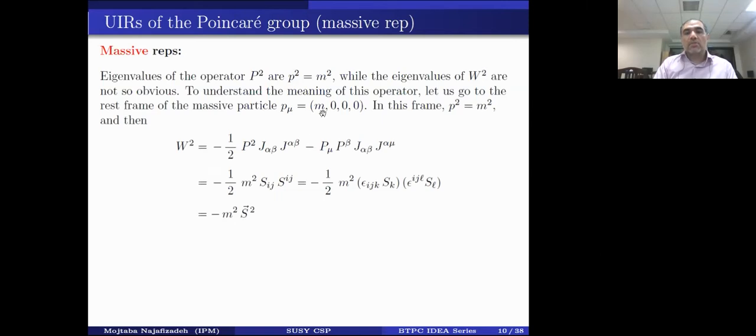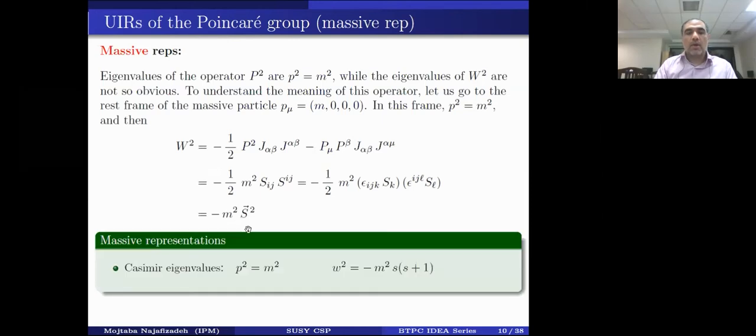As I said, because we are in the rest frame of the particle, we cannot see orbital angular momentum. We will see just a spin. And the eigenvalues of this operator are S(S+1). So the Casimir eigenvalues for massive representations are in this form, M square and this. So massive representations are labeled by mass and spin.